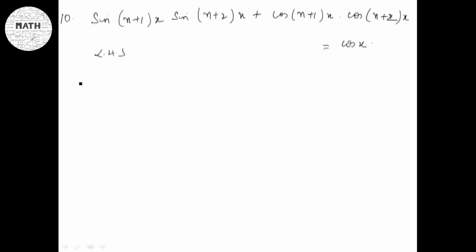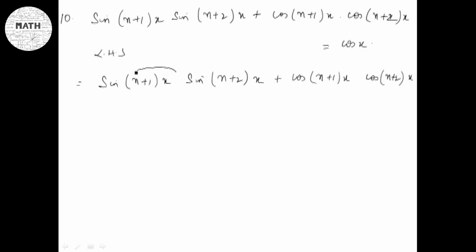So if I have on the left hand side, I'll just do this one, sin(n+1)x sin(n+2)x plus cos(n+1)x cos(n+2)x.